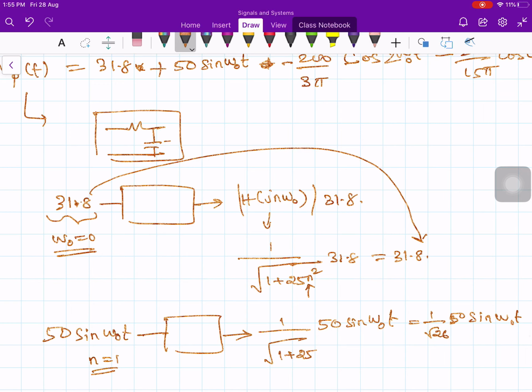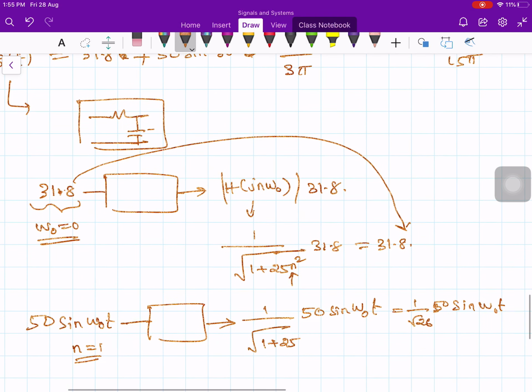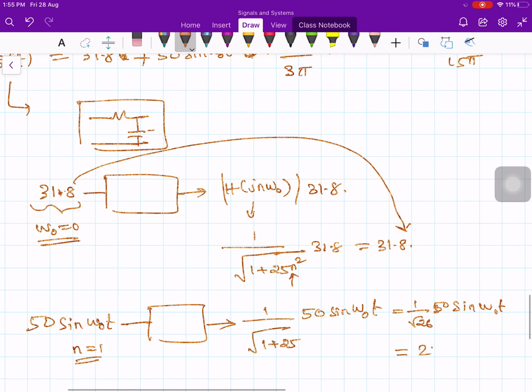Okay, so that will be around 21 point... wait a minute. No, that is 9.8 volts. You can check.